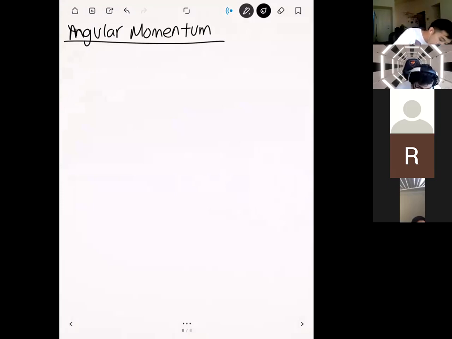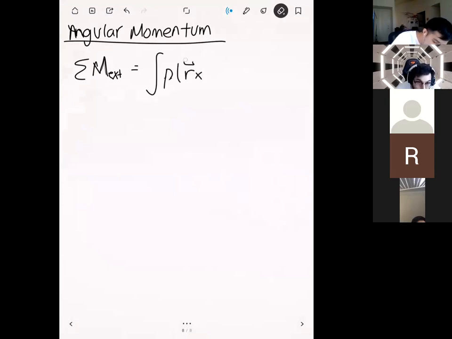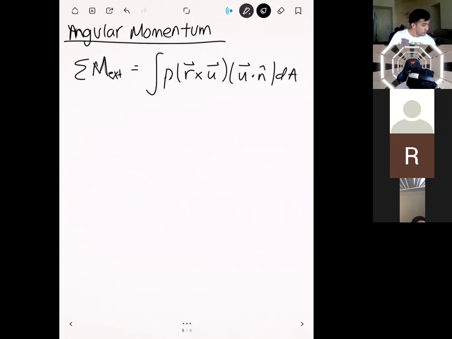So we have the sum of all the moments equal to the integral of rho, r cross u, u dot n, dA.